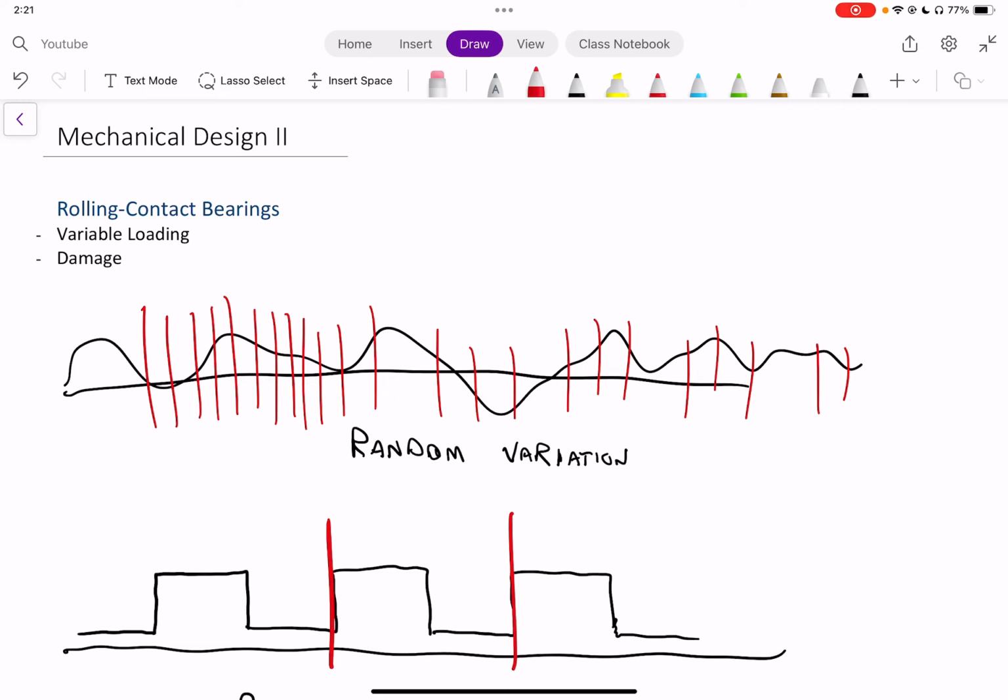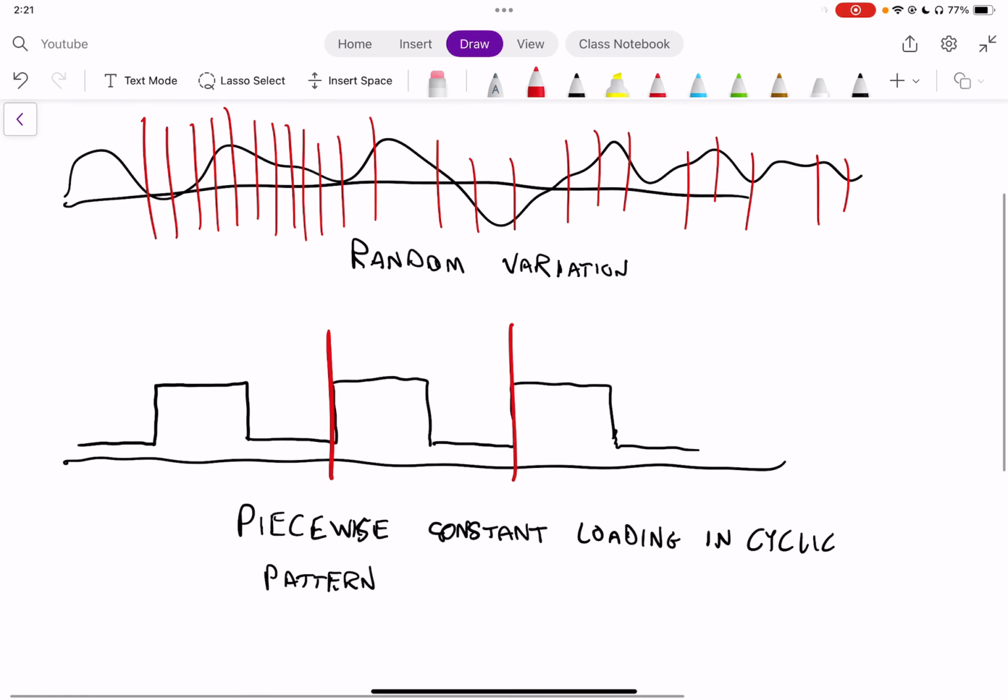Now, the second type of loading, which is not random variation, is piecewise constant loading in a cyclic pattern. This is one we're really interested in because it happens a lot in manufacturing and industry. For example, a system could be on at a certain loading for 8 hours, then on at another specific loading for another 8 hours, potentially even at different speeds as well.